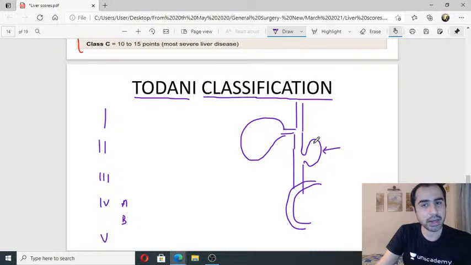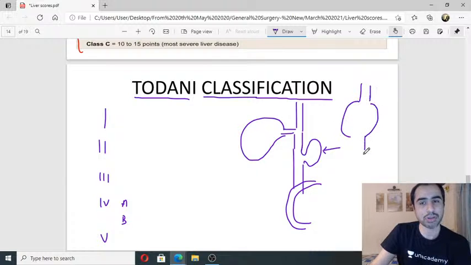Why type 2? Saccular. This is saccular. Oh no, this is not a sac. Sac means aneurysm. Sac is like this. Boss, don't make such mistakes. This is not saccular. Saccular looks like this. Which type is this? Don't look in the book and answer.